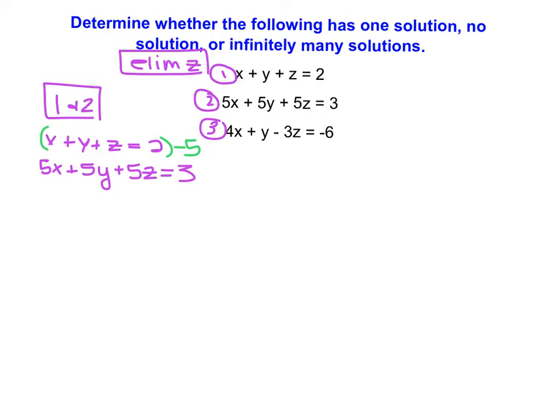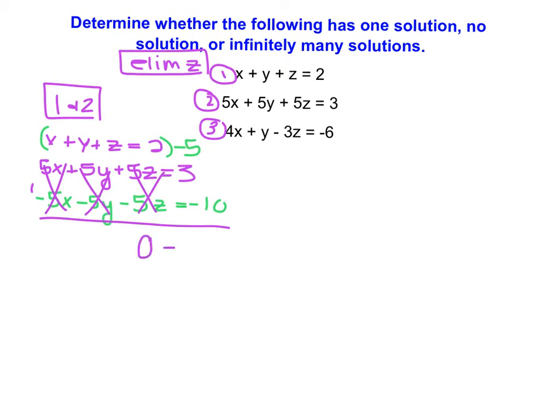So here we have negative 5x minus 5y minus 5z is equal to negative 10. Now we're going to use elimination. We're going to add straight down and see what happens. What I'm noticing is that the x's eliminate, the y's eliminate, the z's eliminate, and I'm left with 0. And I have 0 equals negative 7.